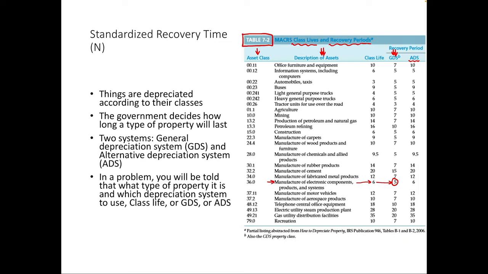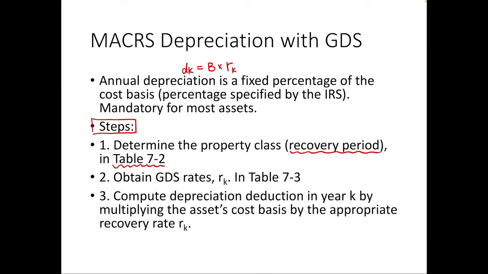And let's get back to these steps. So that's the first step. And the second step is you want to obtain the GDS rates, the RK, in table 7-3. Okay, because the reason we want to use this MACRS method is we want to calculate the DK, the depreciation deduction for every year.